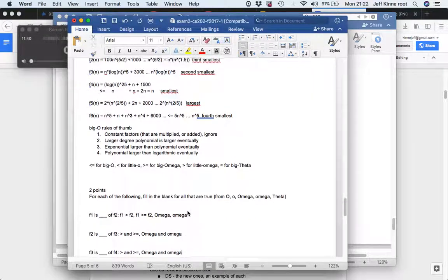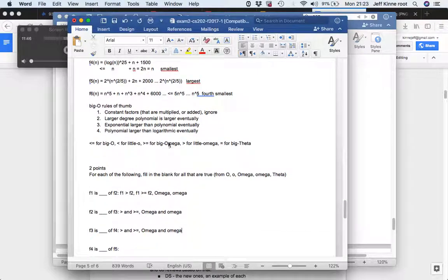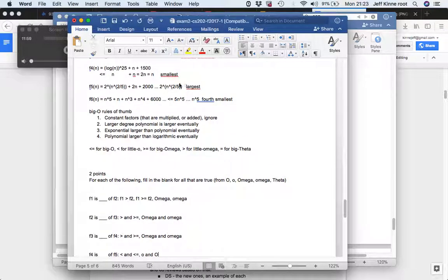All right, F4 versus F5. We have n versus exponential. That is very much less. It's also less or equal to, so that's little o and big O. We have F5 versus F6, exponential versus polynomial.